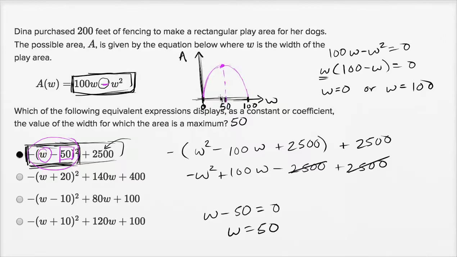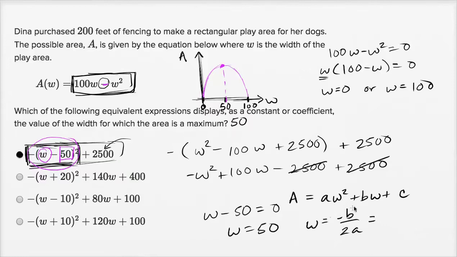You could also use the formula for the x-coordinate of a vertex, negative b over 2a. If you had an expression in the form of a w squared plus b w plus c, where a is lowercase here, then the w coordinate, I should say, of the vertex is going to be negative b over 2a.